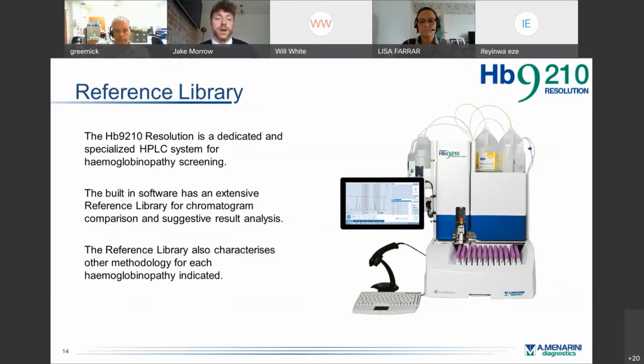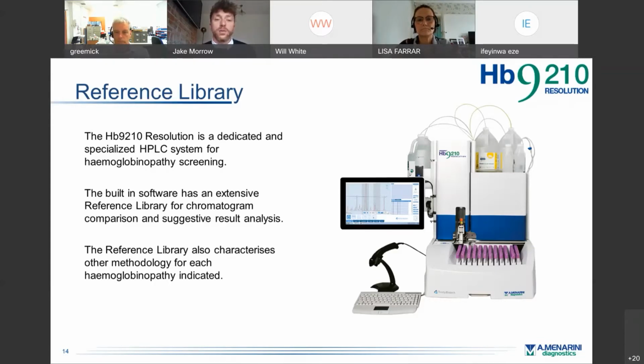So the built-in software has an extensive reference library for chromatogram comparison and suggestive results analysis. This variant library has typical chromatograms, and it shows you how they will appear exactly on the Hb9210. Each of these variants has been confirmed by DNA analysis, and it's constantly being expanded.